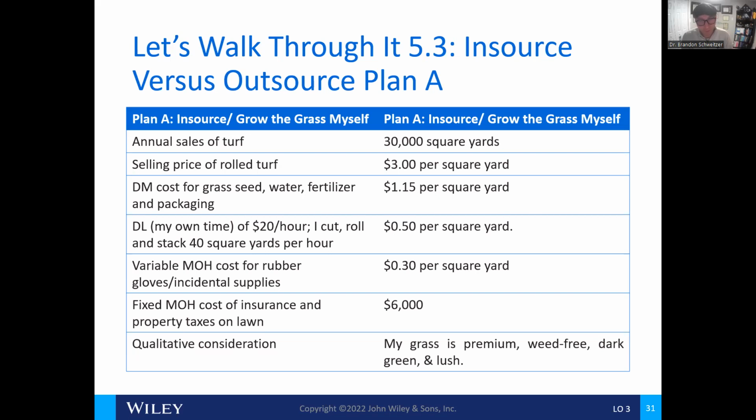The variable factory overhead is 30 cents per square yard. Our fixed overhead is $6,000 per year for insurance and etc. Qualitative considerations includes knowing that we have a premium product because we're doing it ourselves. And of course, it has variable attributions.